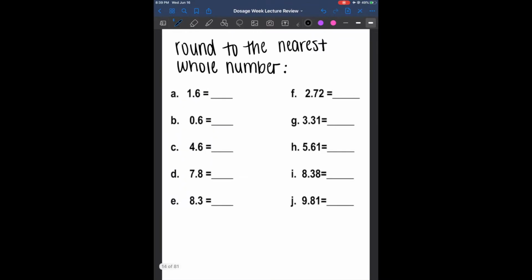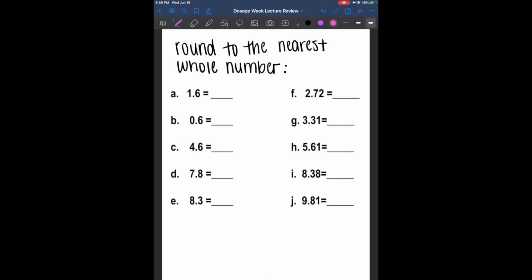So let's look at rounding to the nearest whole number. When you're looking to round to the nearest whole number, which is this one here, the number before the decimal, you want to base your rounding on what's behind it. And the same general rules apply.